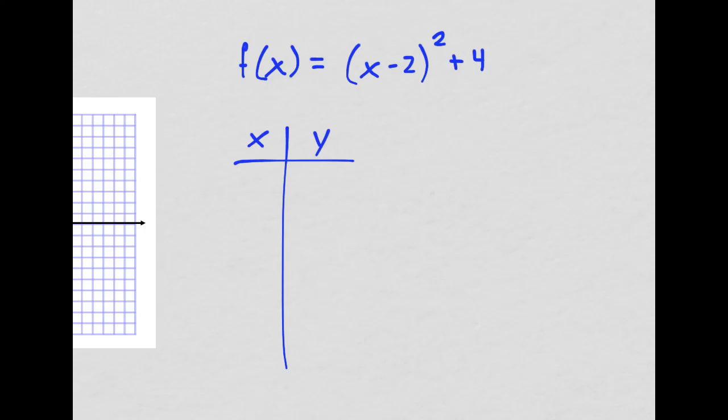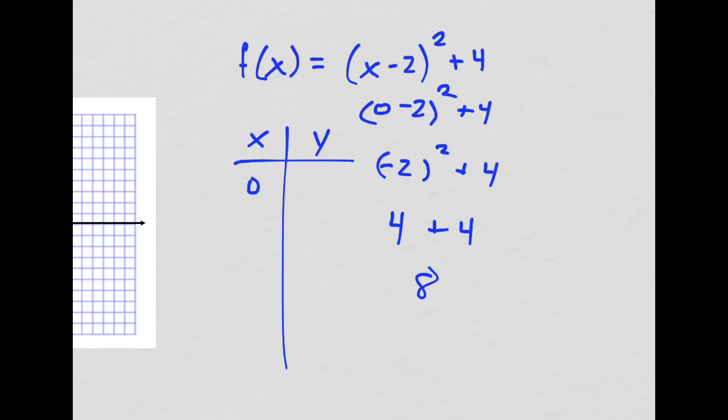I'm not expecting you to come up with these numbers. So the first number that I'm going to plug in is 0. Normally you would do this in your head, but if I plugged in 0, you would get 0 minus 2, quantity squared, plus 4. Well, that's negative 2 squared plus 4. Negative 2 times itself, that's 4, plus 4, that's 8.